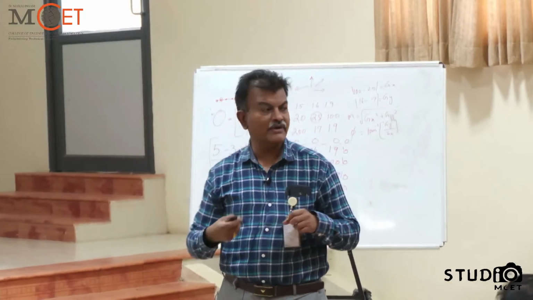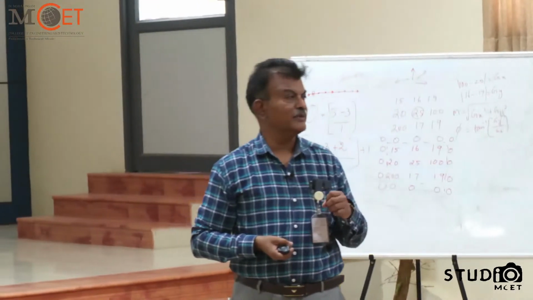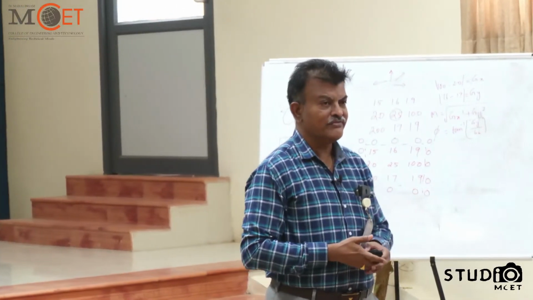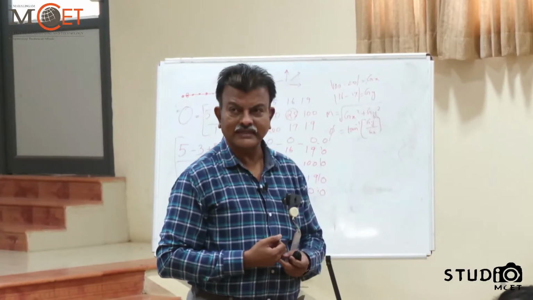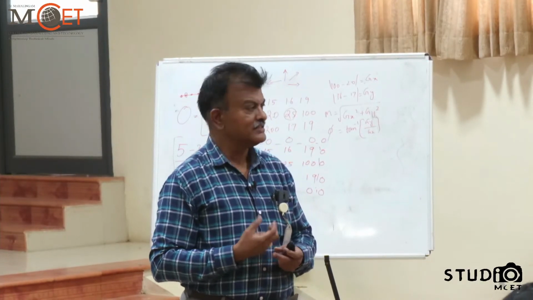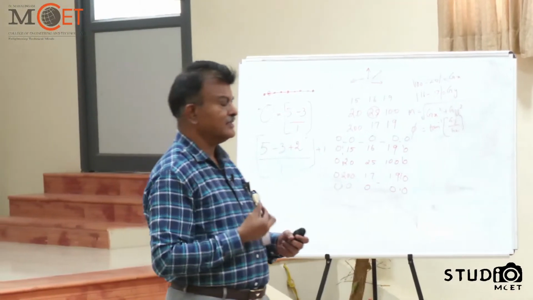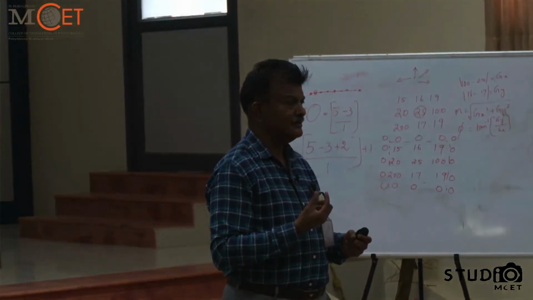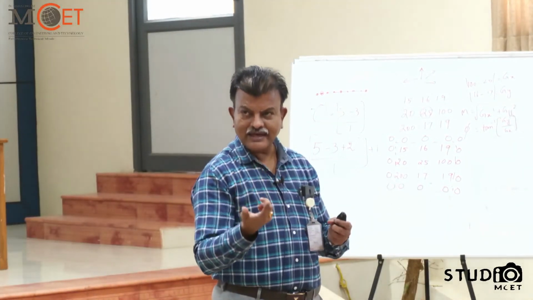Detecting self-similarity. What do you mean by self-similar? How many of you have seen cauliflower? If I take a small portion of a cauliflower, it will be like a tree. Another portion, it will be a tree. A third portion, like a tree.